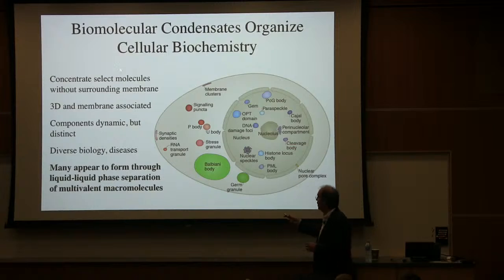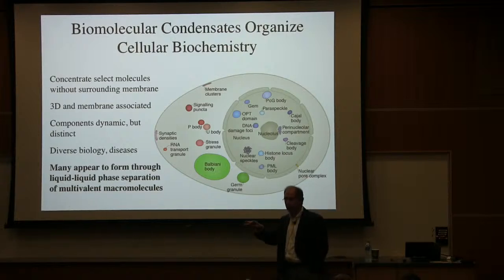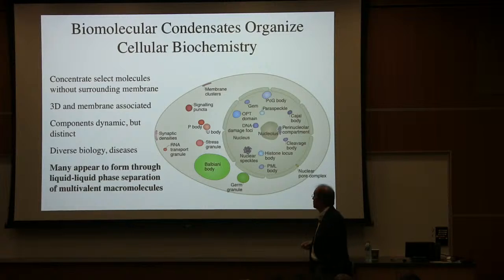And the key thing is that they concentrate them in discrete foci in the absence of a surrounding membrane. Condensates occur both on membranes. I said a lot yesterday about actin assembly being controlled by membrane-bound condensates, but many condensates are found either in the cytoplasm or in the nuclear plasm.